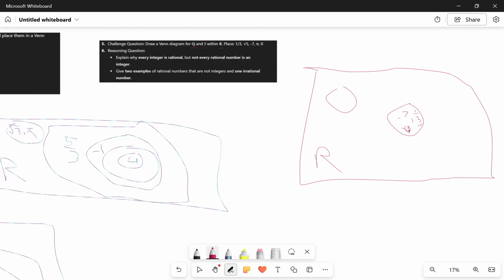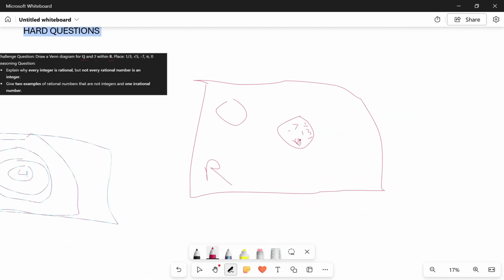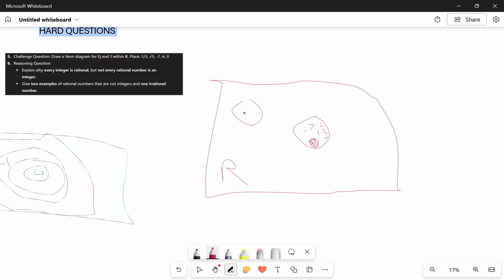Actually, 0 can go here: 0 over 1, yes. And here, so these are all rational numbers. Then you have square root of 5 and pi, which are irrational numbers.